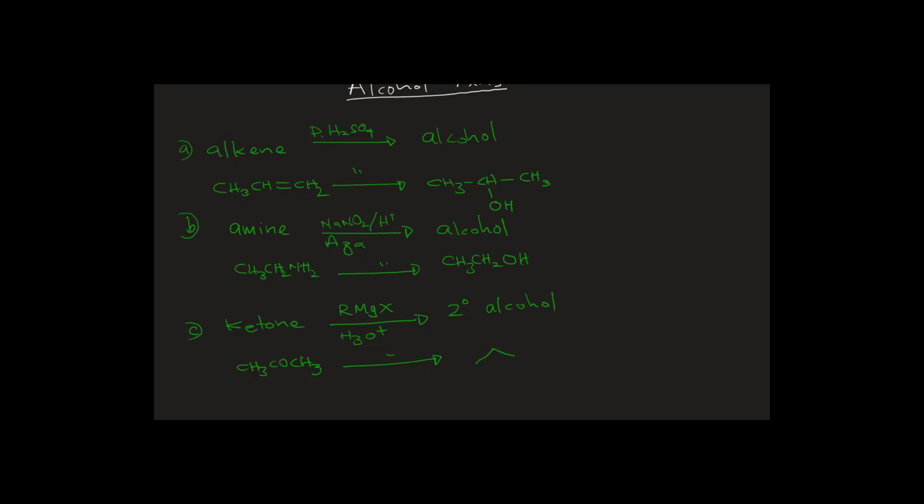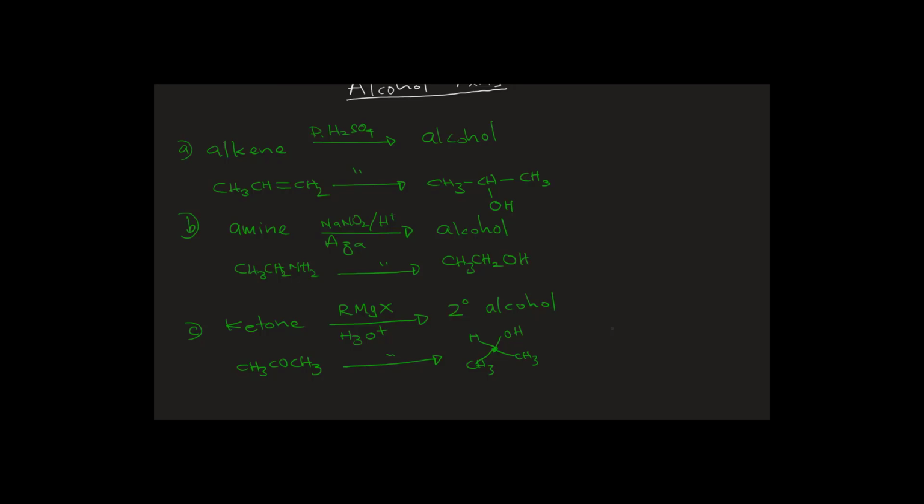One example, let's take acetone and react it with the Grignard. Let's say we use the Grignard with CH3, and then you're going to get this alcohol, right? That means tertiary butyl alcohol. That's what you will be getting.